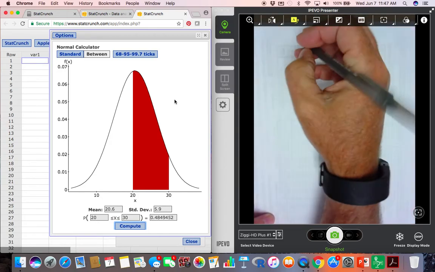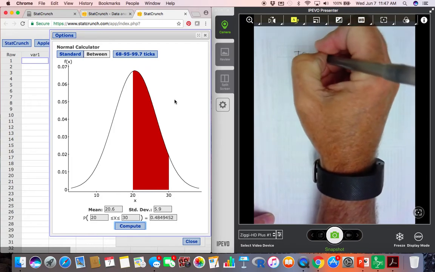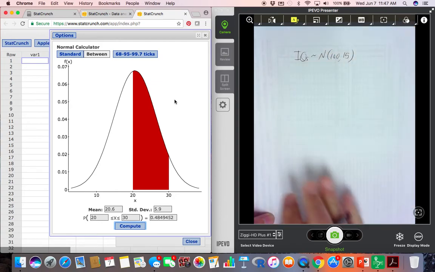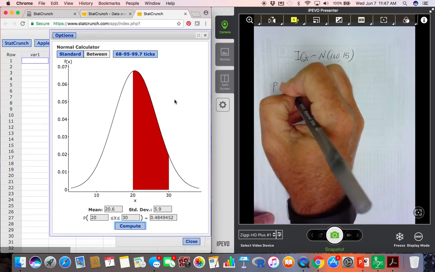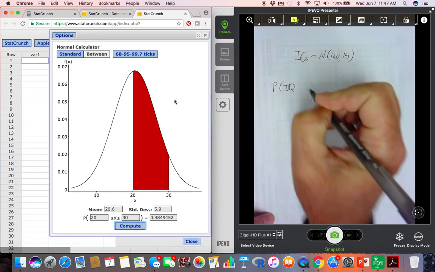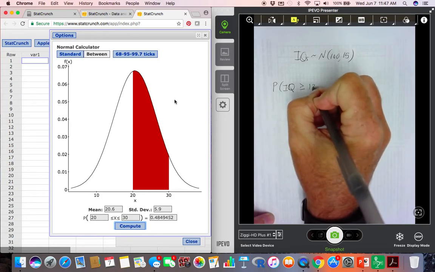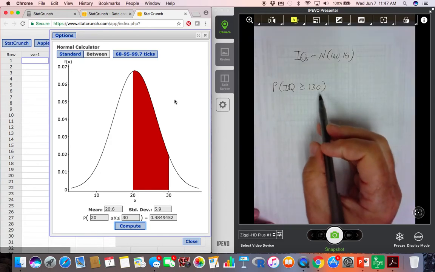Let's take a look at IQs. So what's the probability someone is selected at random and they have an IQ greater than or equal to 130? Essentially, if you remember, 130 gives you the title of being a genius.